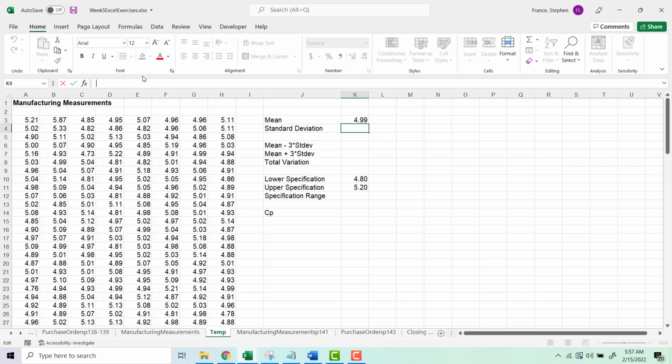And now we're going to calculate the standard deviation. I said in this instance it doesn't matter too much, but we're just going to assume that we're going to do it as a sample. So again, we're just going to take the same.